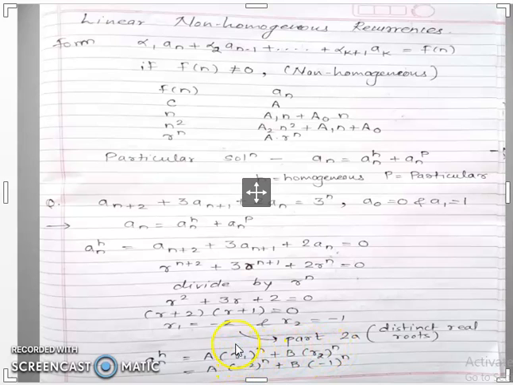So the first factor we get is -2 and the second factor is -1. Put the r1 and r2 values in that equation. Then we get a_n^(h), the homogeneous solution, as a(-2)^n + b(-1)^n.